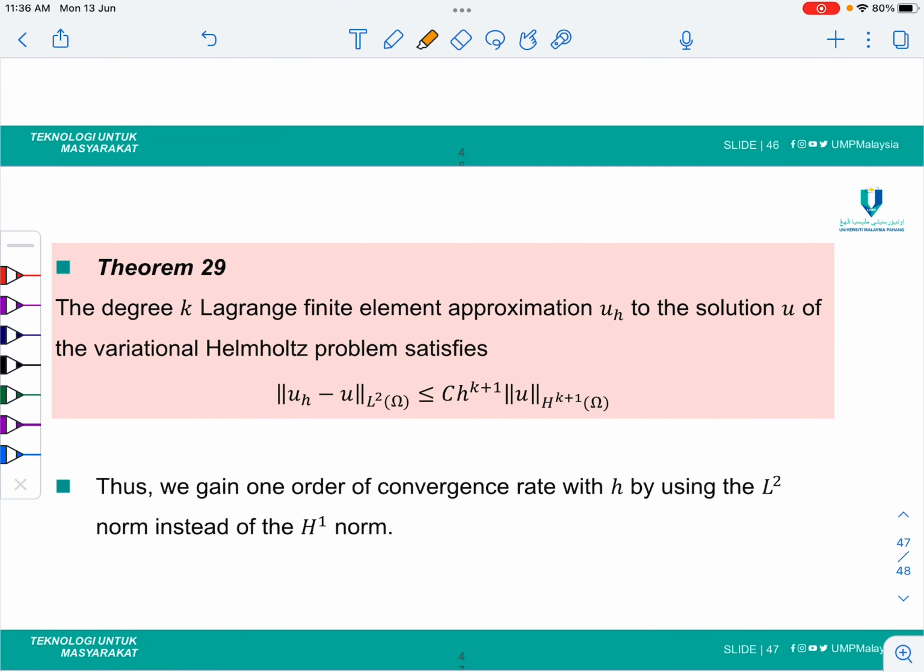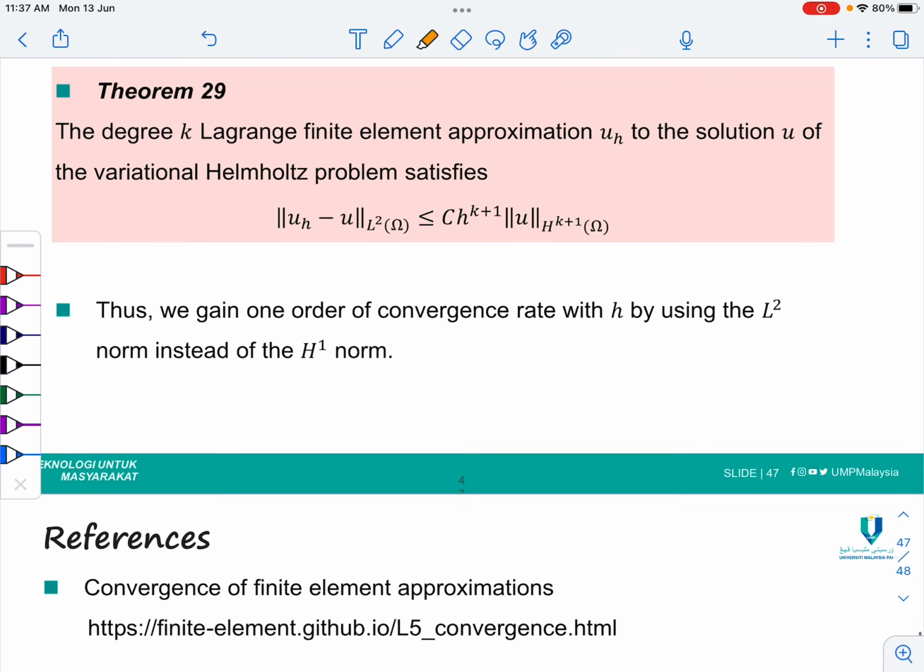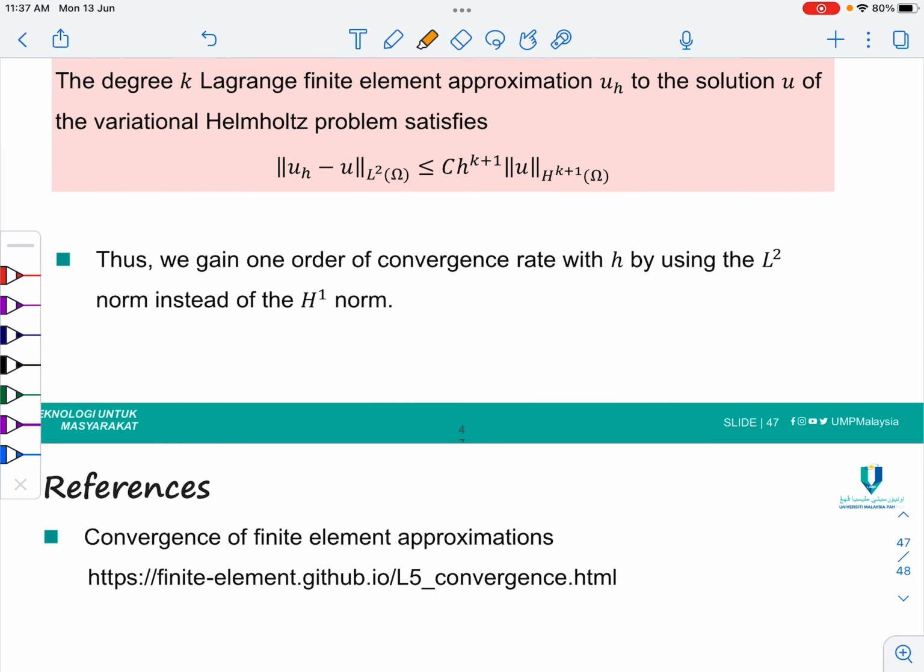The degree k Lagrange finite element approximation u_h to the solution u of the variational Helmholtz problem satisfies: the error in the L2 norm of u_h minus u is bounded by C h^(k+1) times the H^(k+1) norm of u. Thus, we gain one order of convergence rate with h by using the L2 norm instead of the H1 norm. You can find the details in the reference stated here.